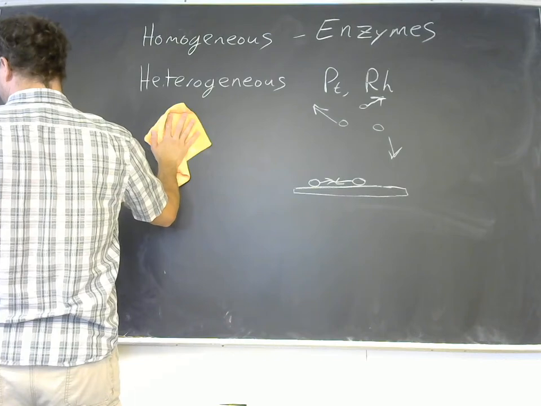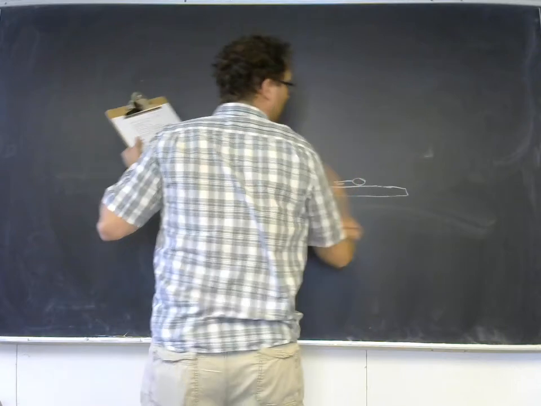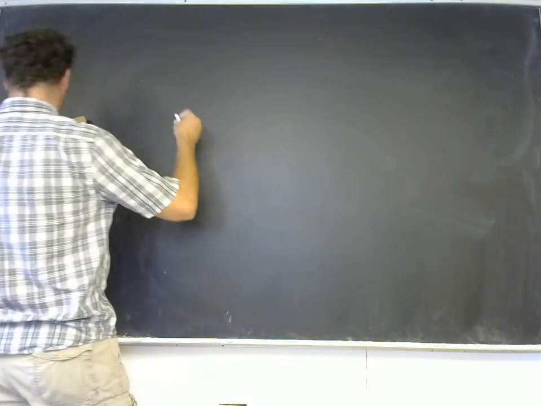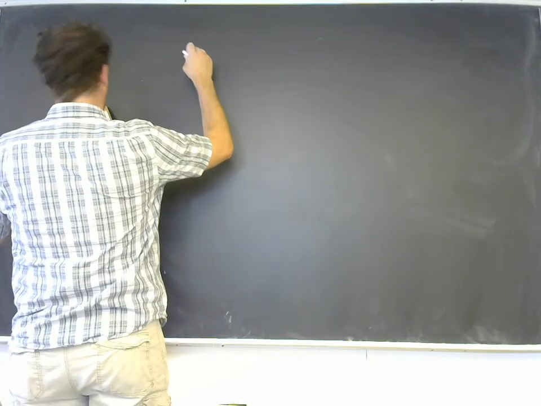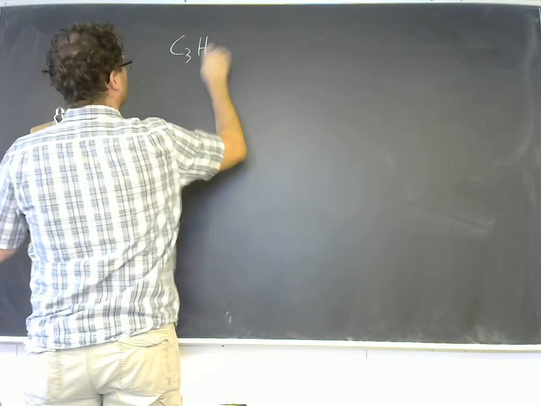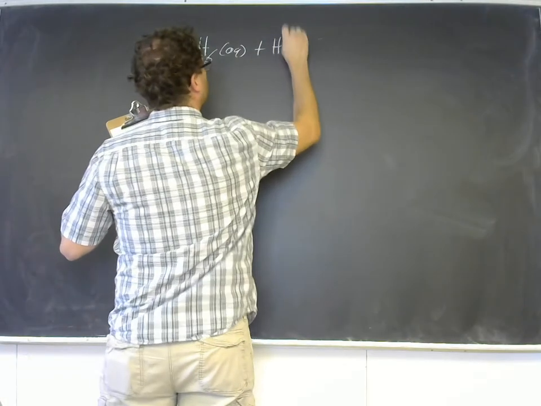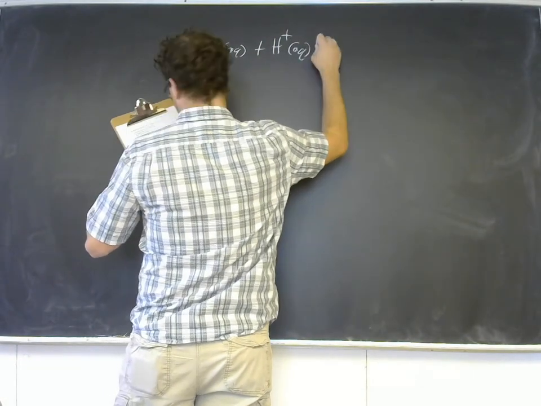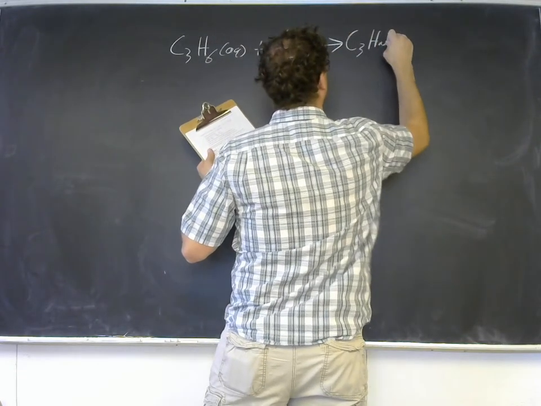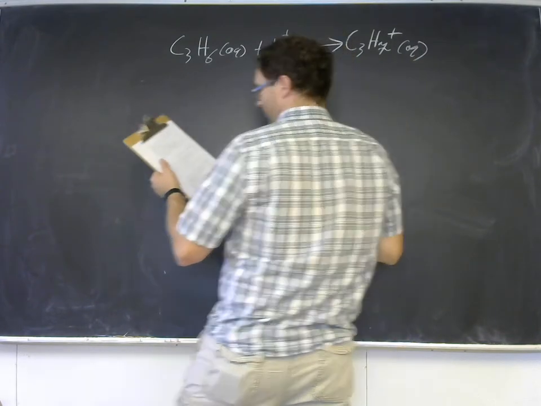All right, so let's look at this reaction mechanism here. We can have propene, C3H6 aqueous, plus H+ aqueous, forming C3H7+ aqueous.